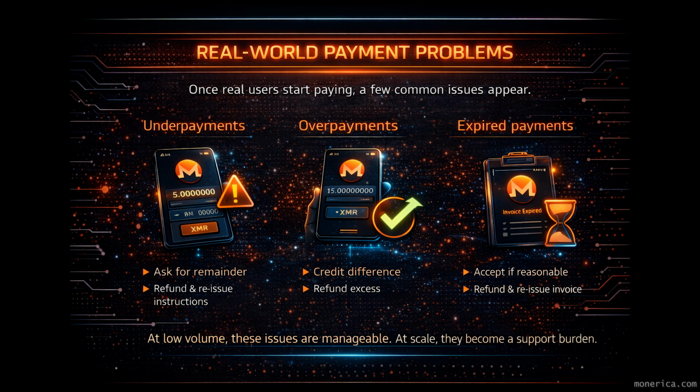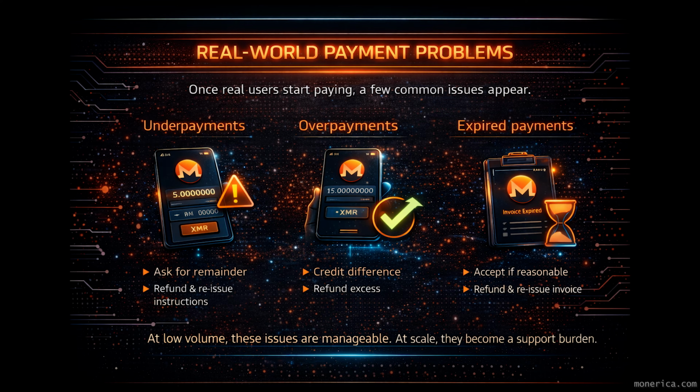Real-world payment problems. Once real users start paying, a few common issues appear. Underpayments often happen when customers manually enter amounts or when price changes. These are usually handled by asking for the remainder or refunding and reissuing payment instructions. Overpayments also happen, usually by accident.